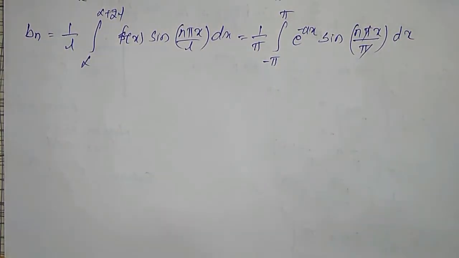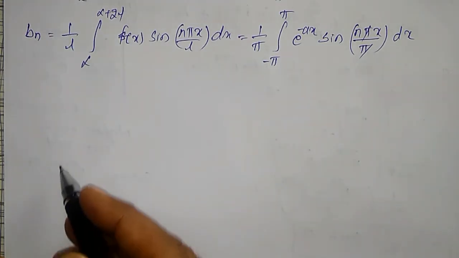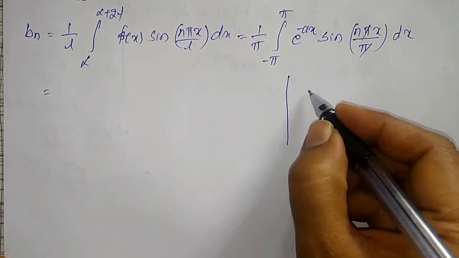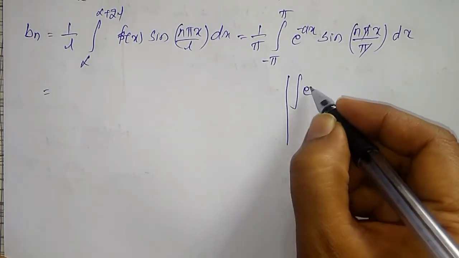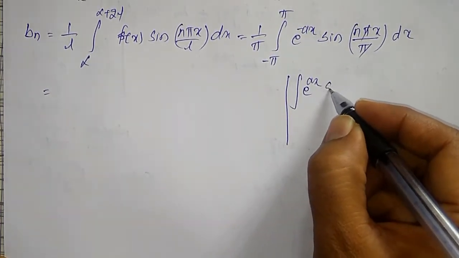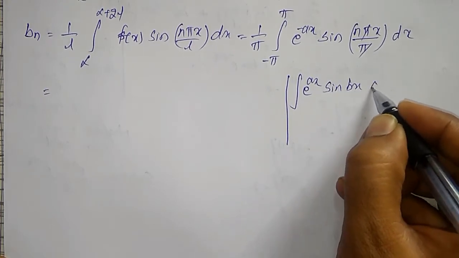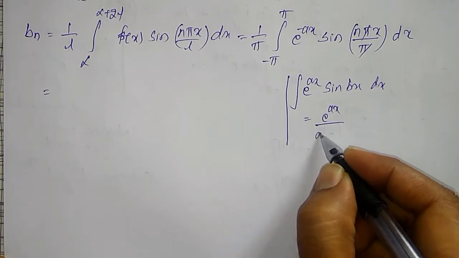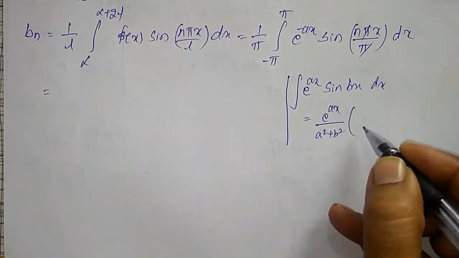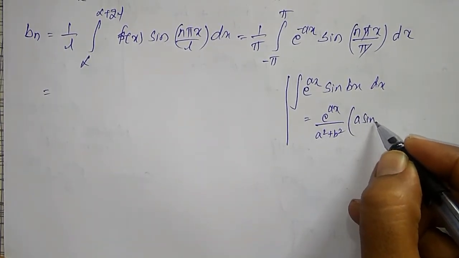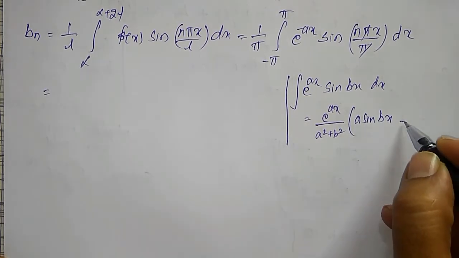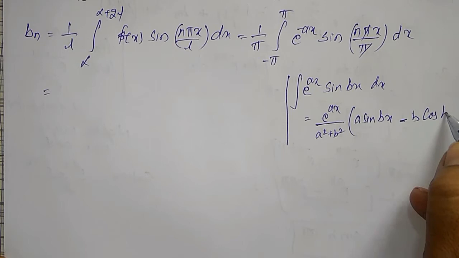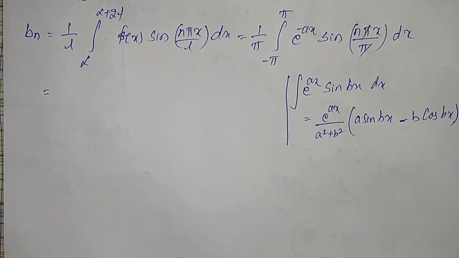Pi cancels, and integration of this is using the formula: integration of e to the power ax into sine bx dx is e to the power ax divided by a square plus b square into a sine bx minus b cos bx. Using this formula, I have to evaluate this one.